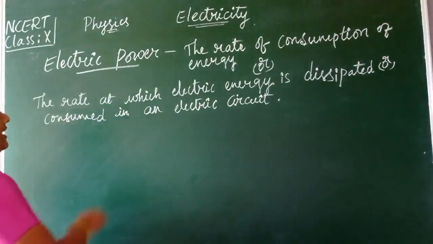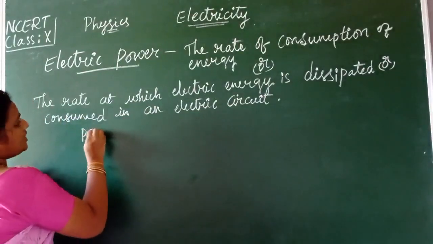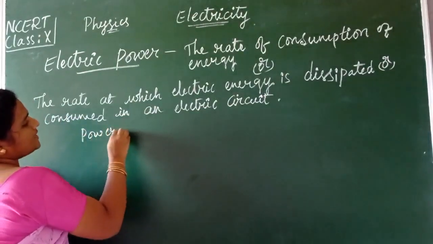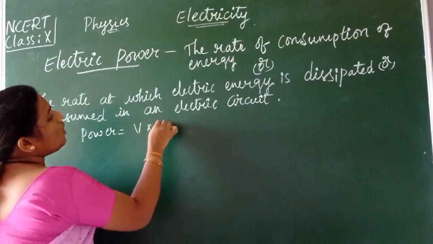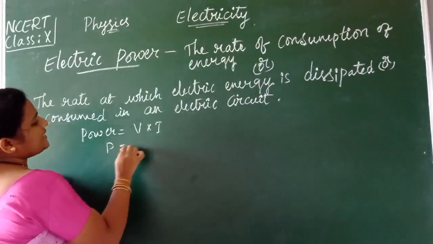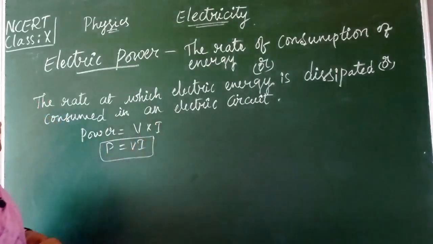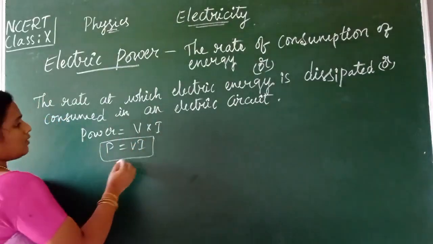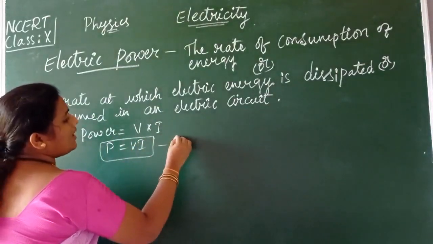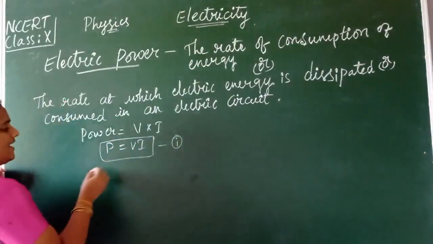So how can we write it in terms of power, children? Power is equal to V into I. Means P is nothing but V into I. Isn't it, children? This is one method of writing.